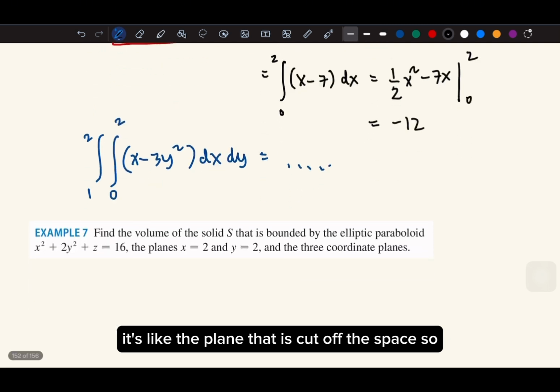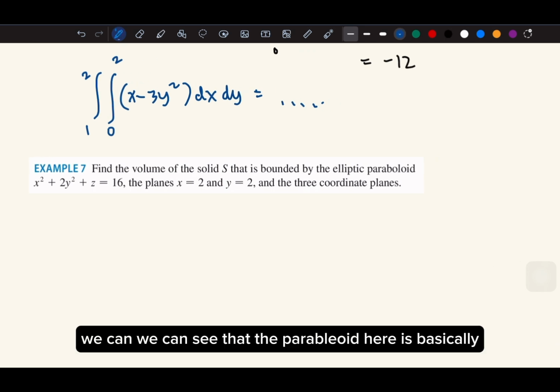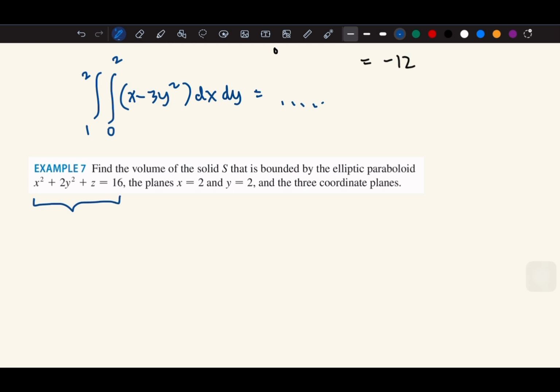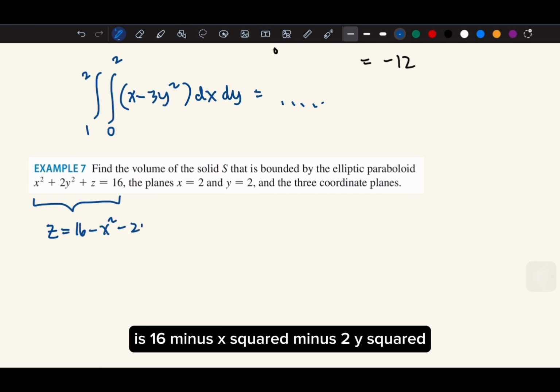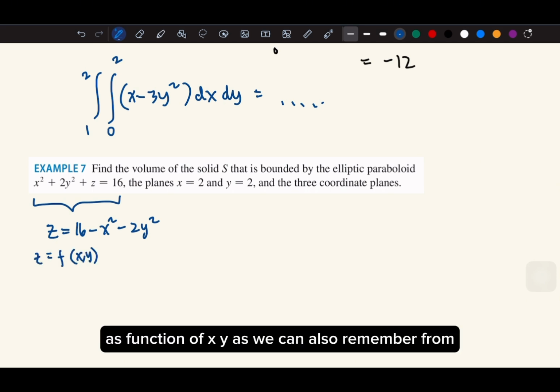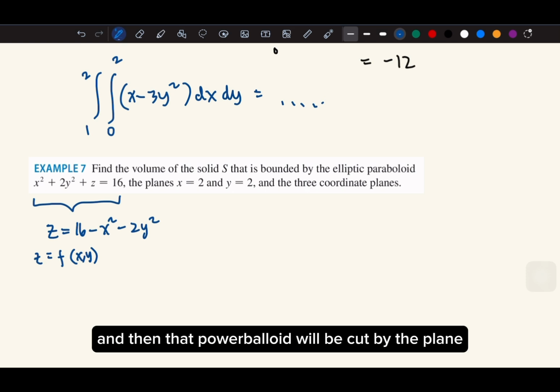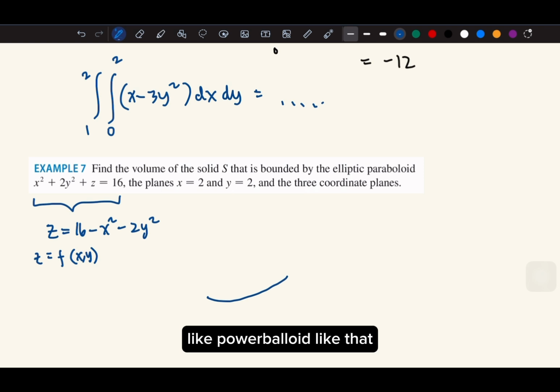So we can see that the paraboloid here is basically, we can write in terms of z is 16 minus x squared minus 2y squared, and we can let this z be a function of xy, as we can also remember from the quadratic surfaces that we did before.